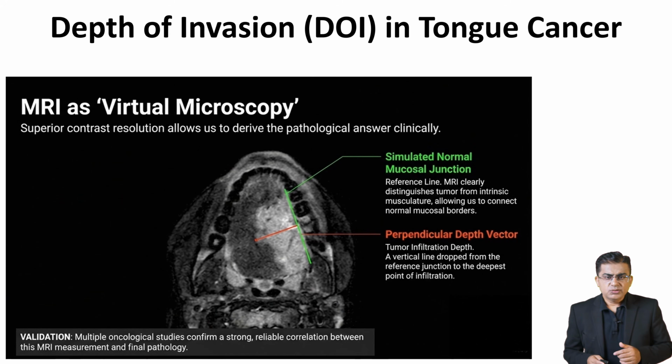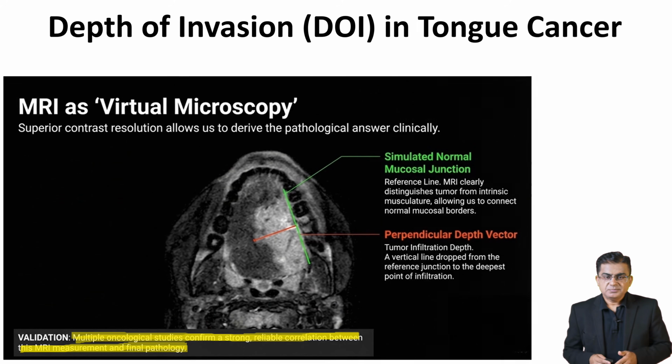And let me assure you that there are multiple robust studies which have found an excellent correlation between MRI measured depth of invasion and microscopy measured depth of invasion. So it is highly reasonable to say that whatever depth of invasion I am measuring on this MRI will be found very similar to the final histopathology report.